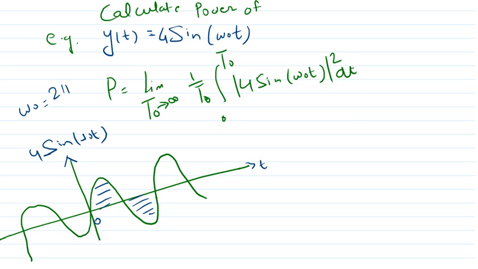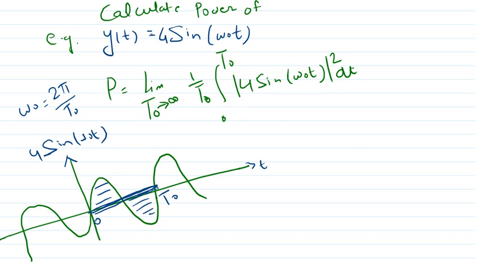Omega naught is basically 2 pi divided by T naught. We are calculating the power for one period only, because it is a periodic signal. So either you take from minus T naught by 2 to plus T naught by 2, or 0 to T naught. Basically we are integrating across one time interval.